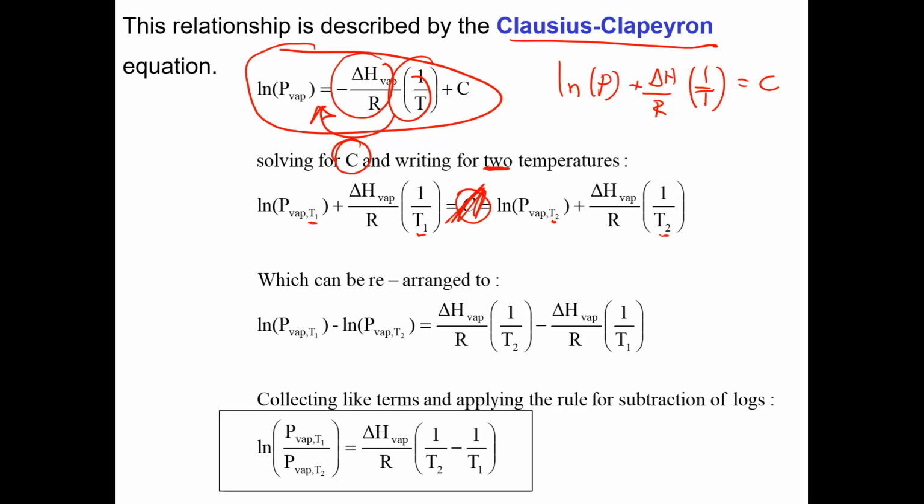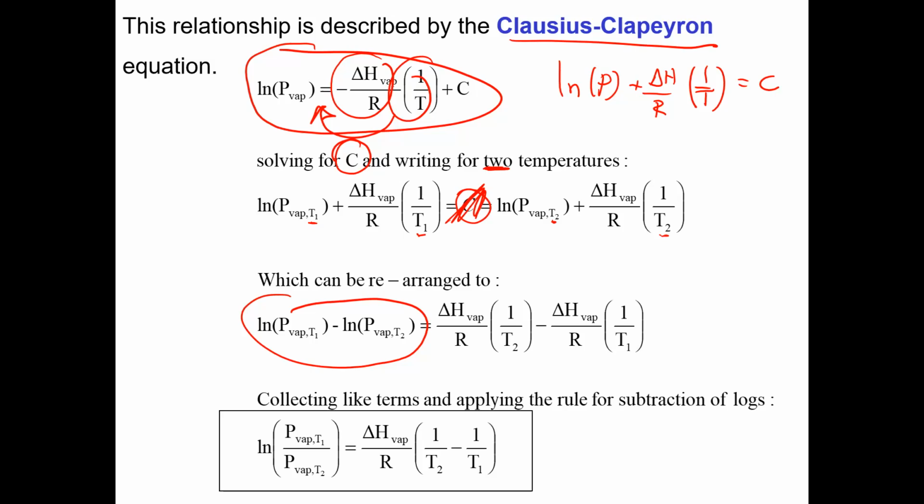So those two expressions are both equal to C and equal to each other. So now we can bring all the pressure terms to one side and all the temperature terms to the other side, and start simplifying.